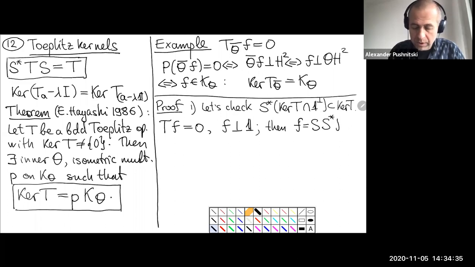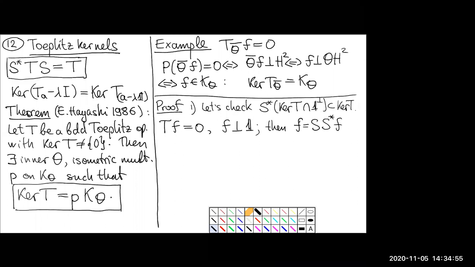Just to remind you, S is forward shift, S star backward shift. If you apply first forward shift and then backward shift, you come to the same element. But if first you shift backwards and then forwards, you kill the constant element, the zeroth Fourier coefficient.